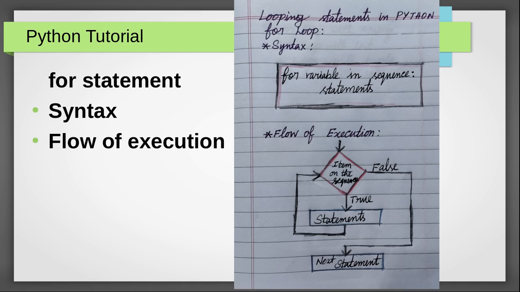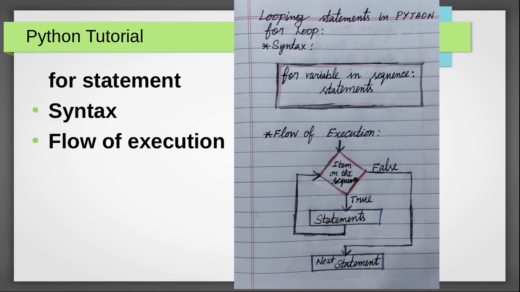In data types, we already studied the sequence. In the sequence category, we have a list, tuple, and set, and then the range function. So these kinds of things we can include in this for statement.